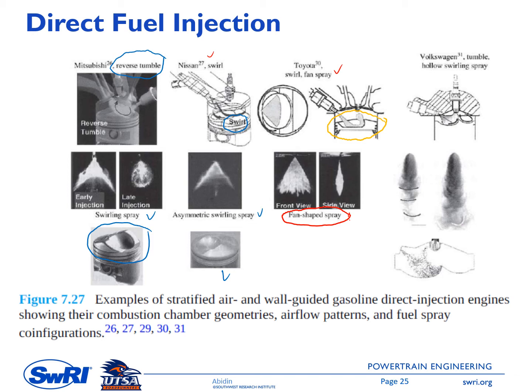Last one, we have a Volkswagen. So they have a tumble flow for the airflow, combined with a hollow swirling spray. It's called hollow, so I can make a simple schematic of the hollow spray. Let's start with the solid spray.